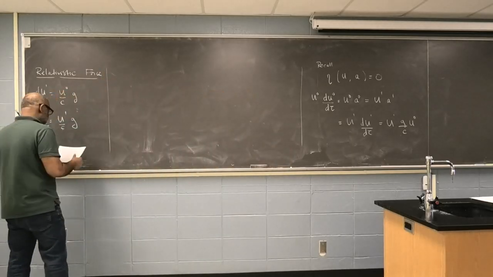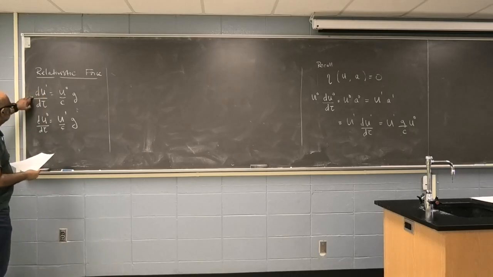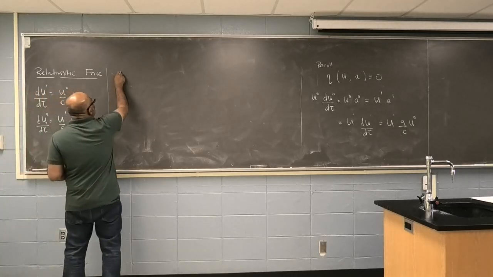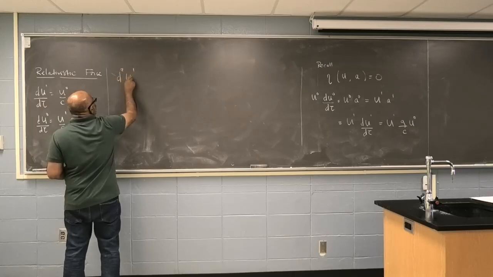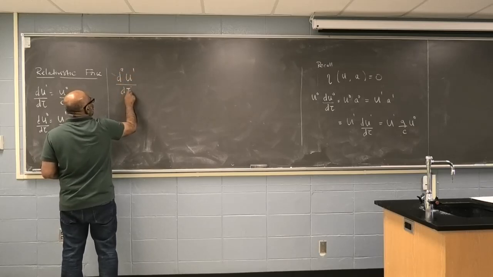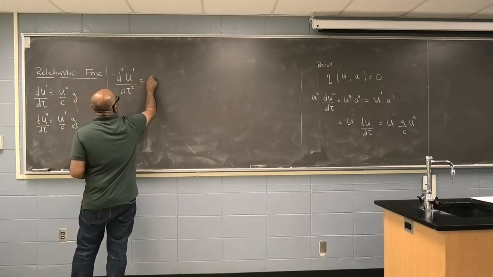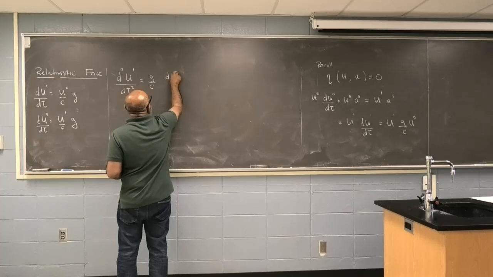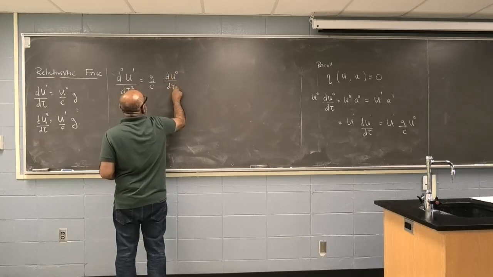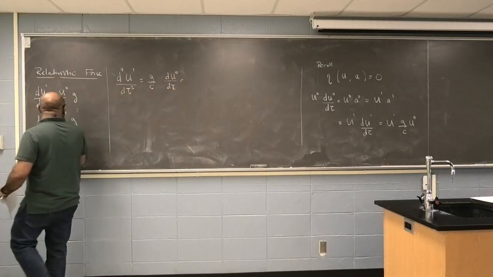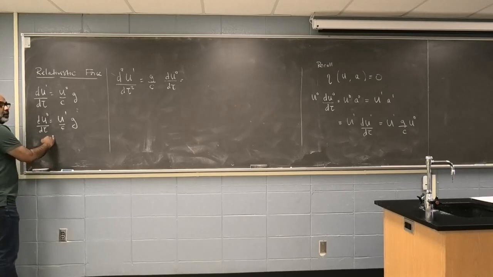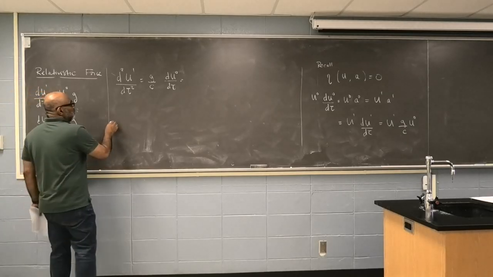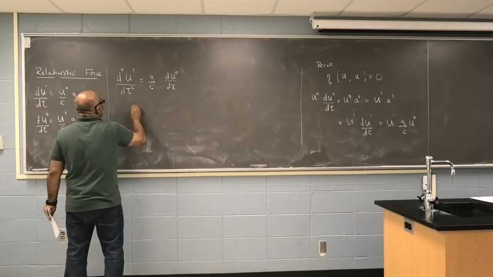Okay, and so I'm going to take this derivative one more time. So then I get d squared u1 over d tau squared equal to g over c du0 d tau, but then I'm going to use this equation. So I'll write it below and you will see.